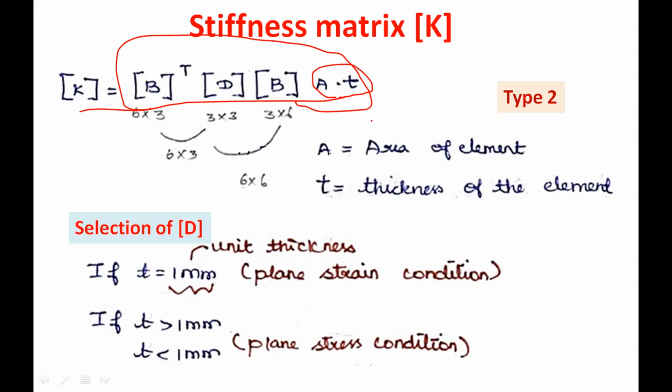So this is the evaluation of the stiffness matrix for the given element, which is considered as the type 2 problem. Here, based on the thickness of the given element, we are going to choose either the plane strain or plane stress condition. If it is 1 mm, we are going to choose plane strain. If it is less than or greater than 1 mm, we will take the plane stress condition.